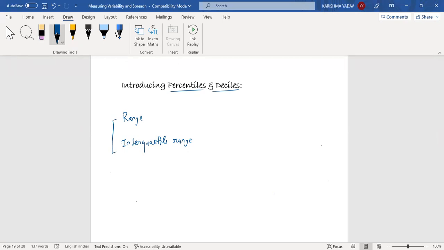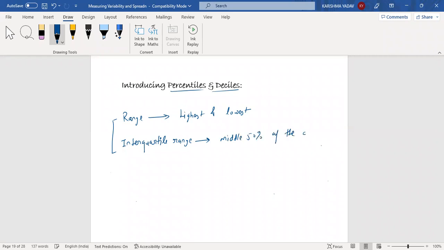The range is the difference between the highest and lowest value, that is upper bound minus lower bound, and the interquartile range focuses on the middle 50% of the data set.